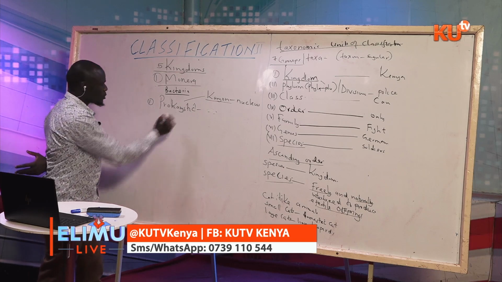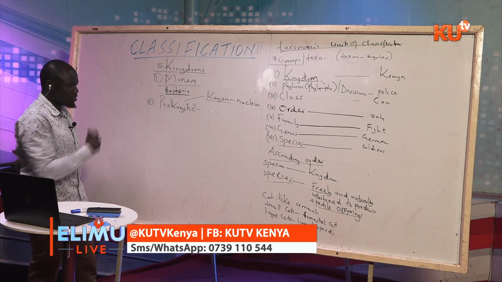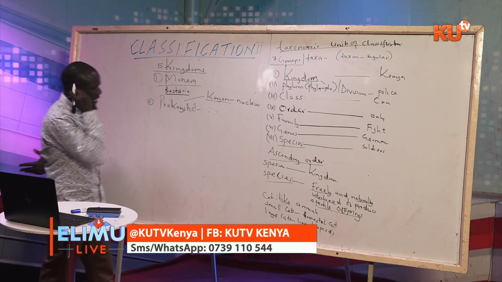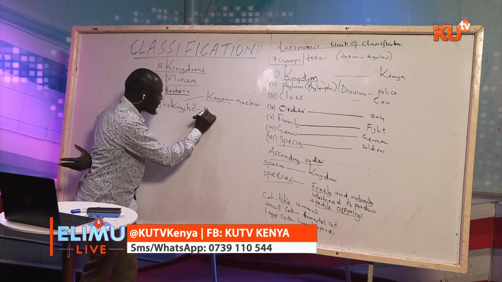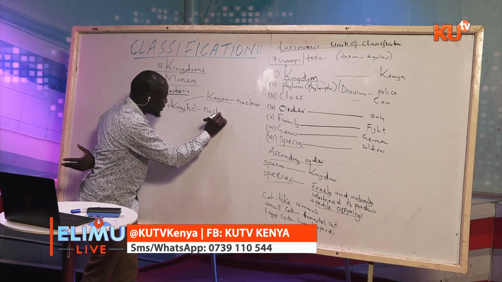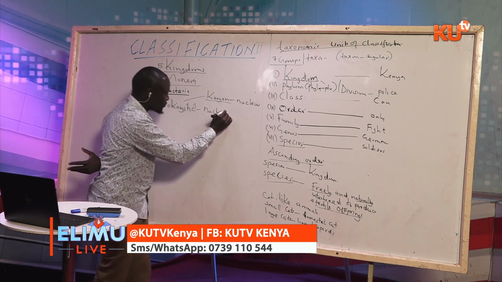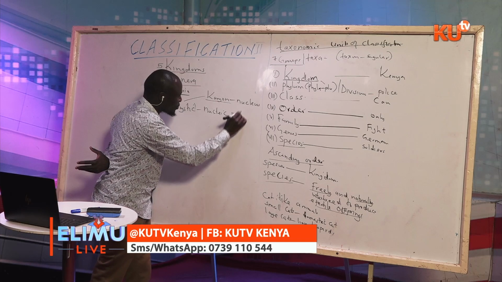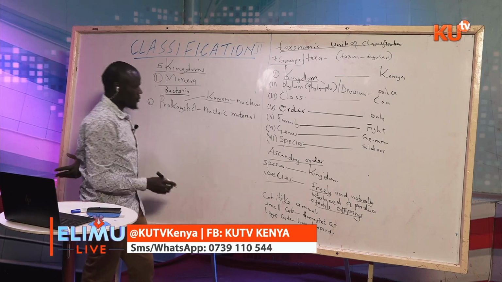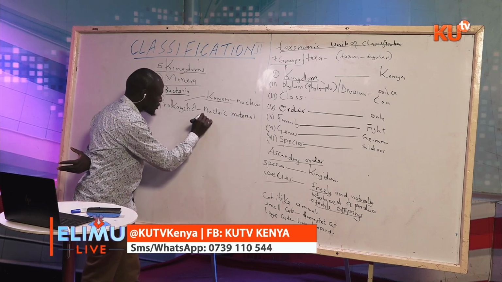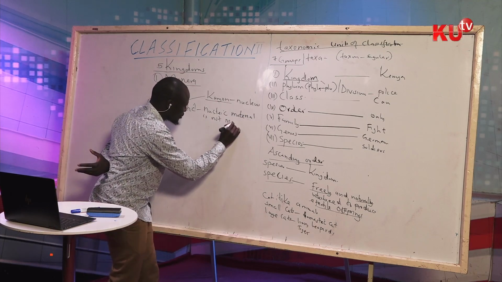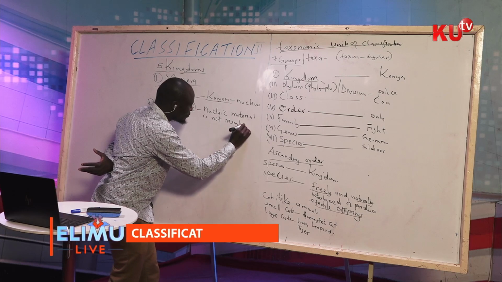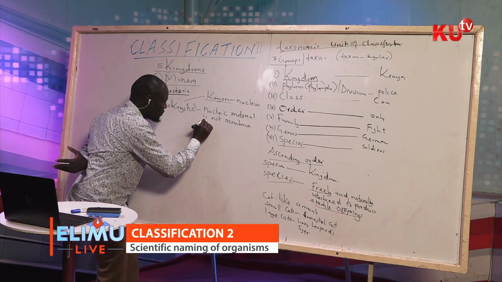For us to call this organism prokaryotic, these people were able to tell us that prokaryotic simply means the nuclear material, or the nucleic material, of this organism is not membrane bound.